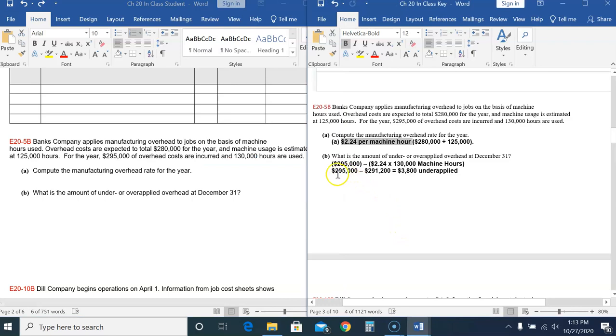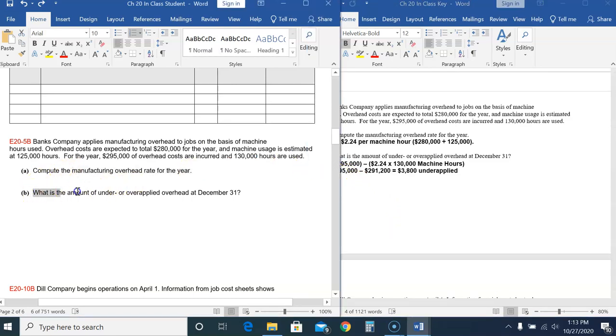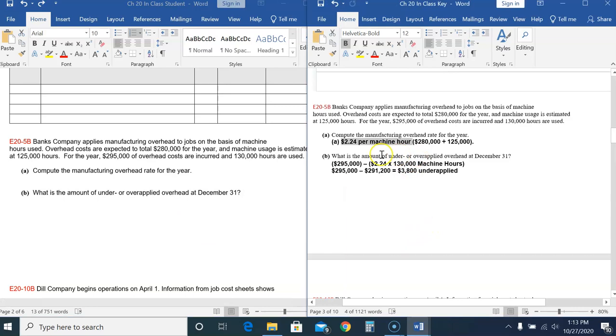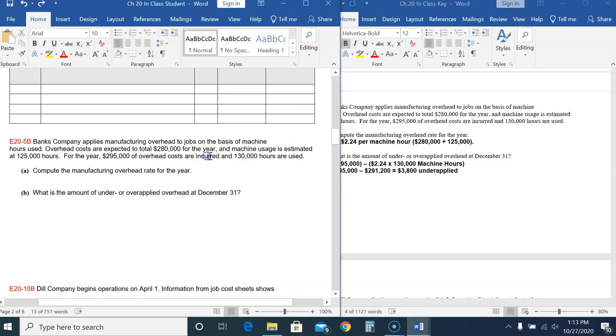Now we are going to figure out at the end of the year whether we were under or over applied. If we had a predetermined overhead rate of $2.24 per machine hour, as we go through the year and inventory incurs or uses machine hours, we will be allocating $2.24.